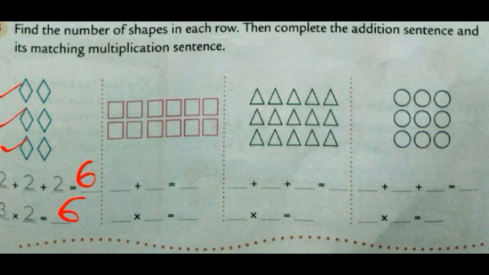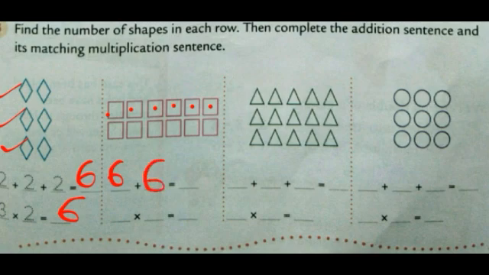Now let's do the second one. First we will make the addition sentence for the given number. So the addition sentence will be here: 1, 2, 3, 4, 5, 6. 6 is being repeated 2 times. In both the rows, 6 and 6 are there.